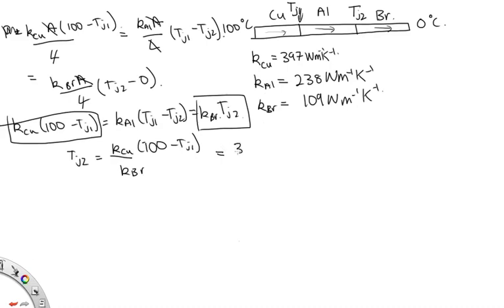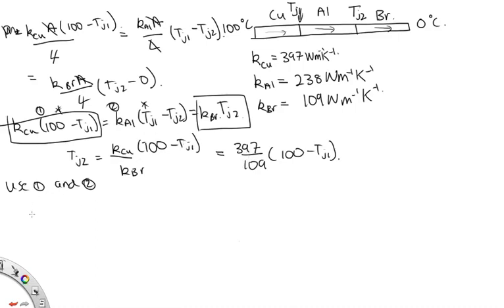So this is 397 over 109, 100 minus TJ1. Okay, now what we can do is use this part and this part. Let's call this 1, 2. Use 1 and 2, and we can substitute in this for our TJ2.